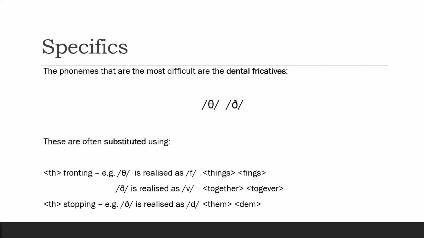So two very useful phonemes to know and to recognise the symbols for are the dental fricatives. These are useful because they are the most difficult phonemes for children to pick up. They are ones that we commonly see substituted or changed in some way, but not just in child language acquisition.